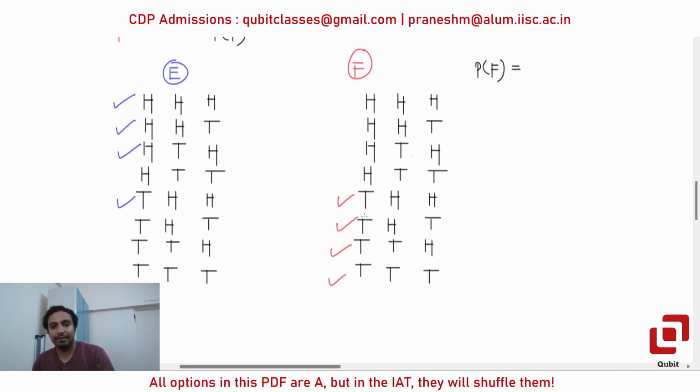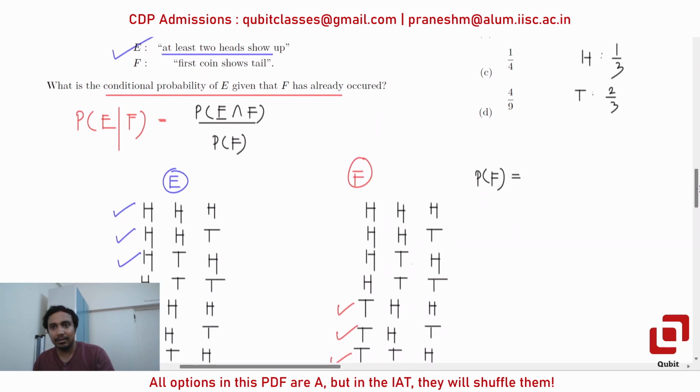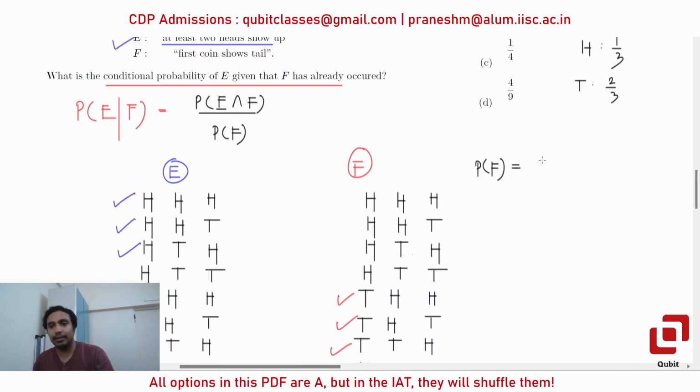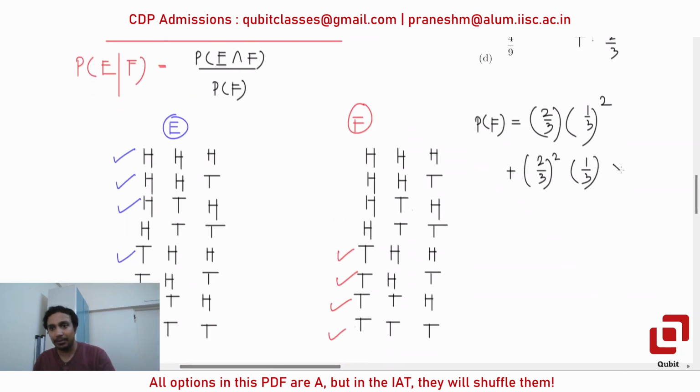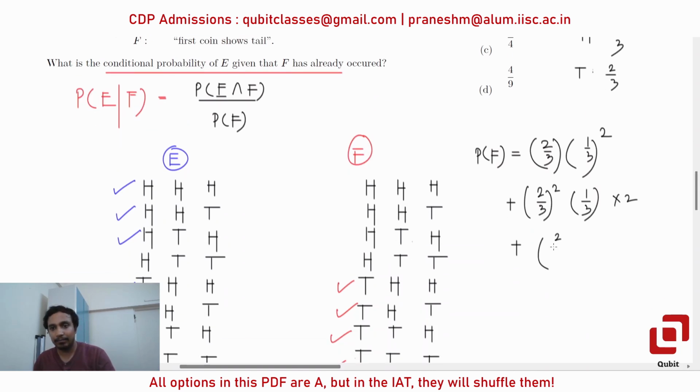Probability of F: T, H, H. T once, H twice. So it will be 2 by 3 into 1 upon 3 squared, plus H, H... T, H, T. So tail twice, 2 by 3 squared, 1 upon 3 as it is. Lastly, we have got again tail twice, tail is 2 by 3, so into 2. And then finally all 3 tails, so 2 by 3 cubed. Got it?